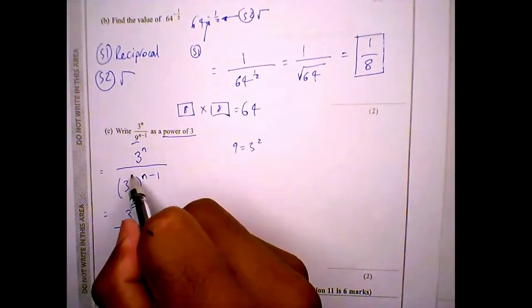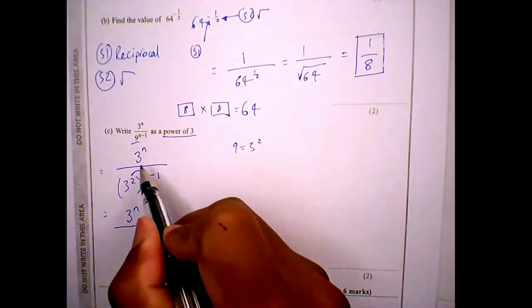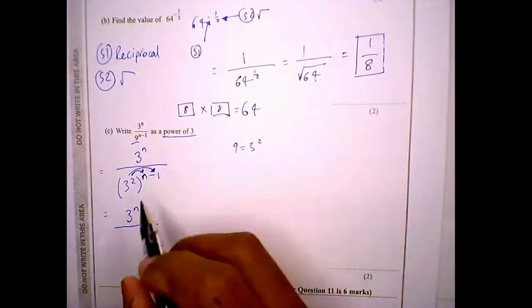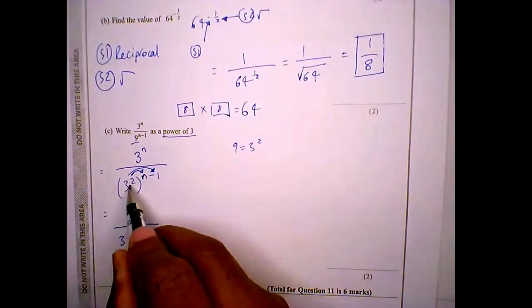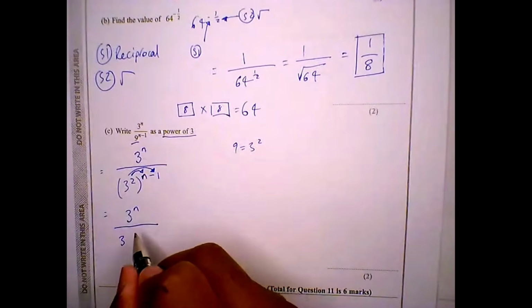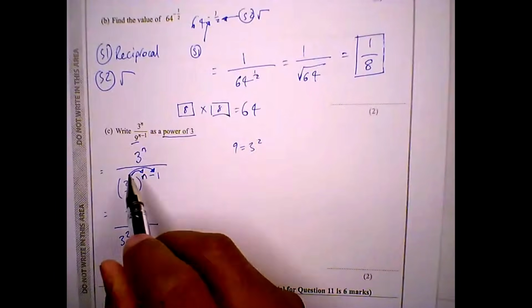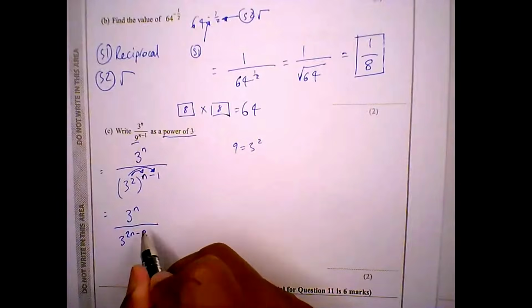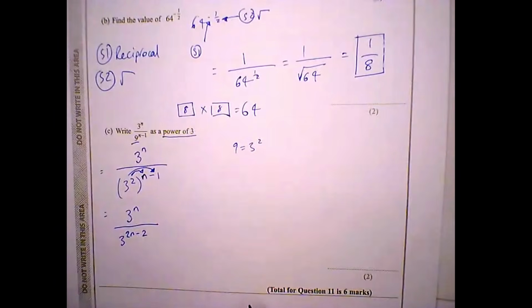And then this is going to be 2 times n. And I'm going to be multiplying this as well. So this is going to become 3 to the power 2 times n, which is 2n. Then 2 times 1 is 2, so minus 2. Now, this is the tricky bit.